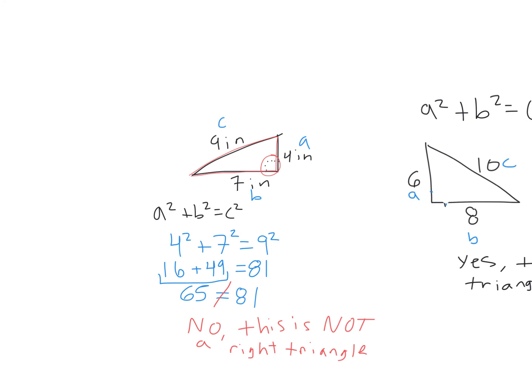And then it can also be used as a test to see whether a triangle is a right triangle or not, whether that angle between the 2 legs is 90 degrees. If a squared plus b squared does equal c squared, then yes, it is a right triangle. If it does not equal c squared, then it's not a right triangle.